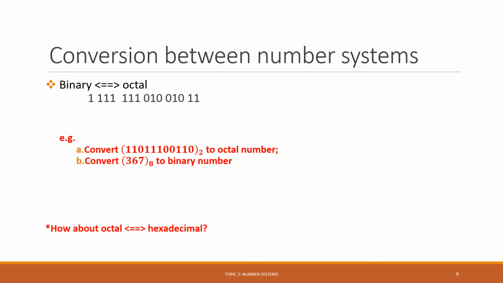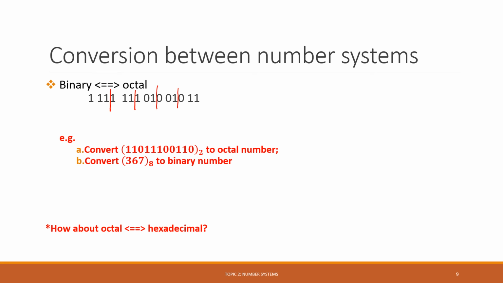The conversion between binary and octal is pretty similar, but the difference is that we only need a 3-bit binary number to represent octal, because the largest octal number is 7, right? We only need 3 bits. So this time, in order to convert from binary to octal, we cut the number every 3 bits instead.